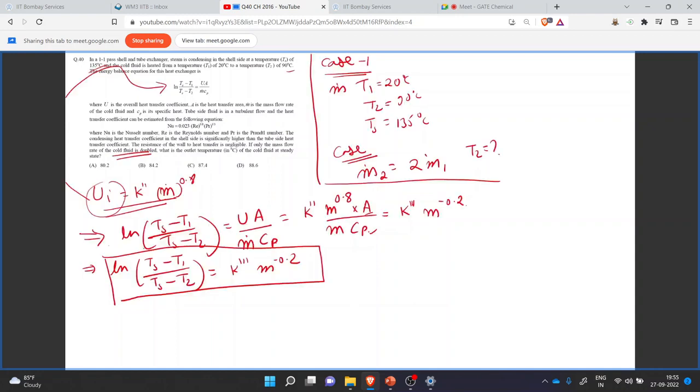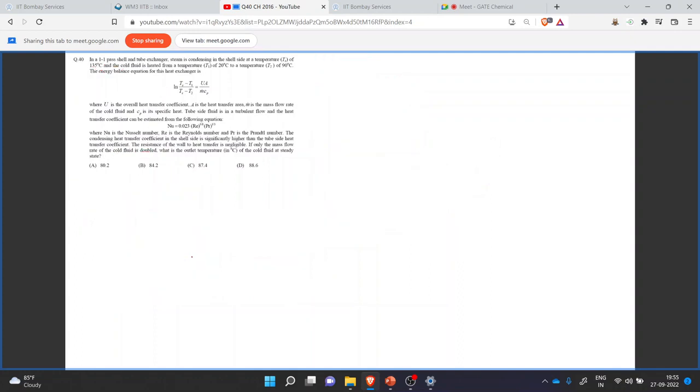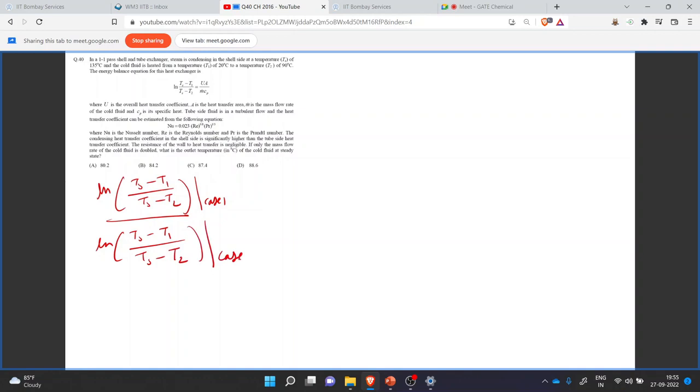We will use this equation for both the cases to find our T2, that is, the outlet temperature. So for case 1, you can write ln of (Ts minus T1) upon (Ts minus T2), and similarly ln of (Ts minus T1) upon (Ts minus T2) for case 2. This is the term that we have to find out.